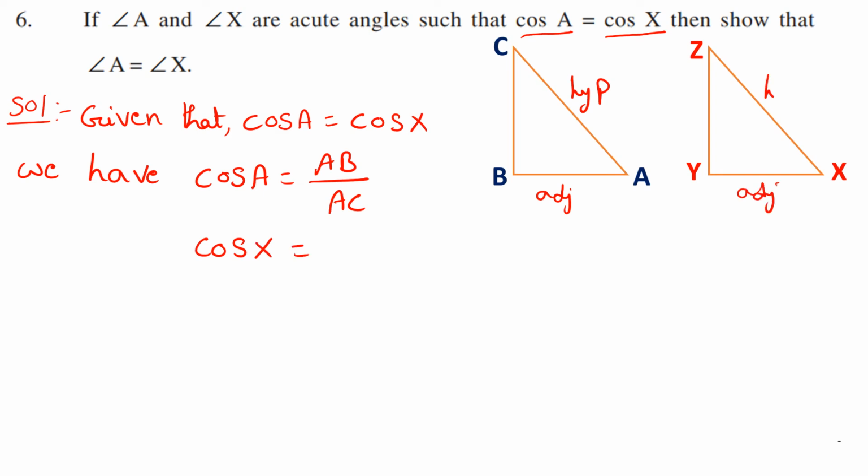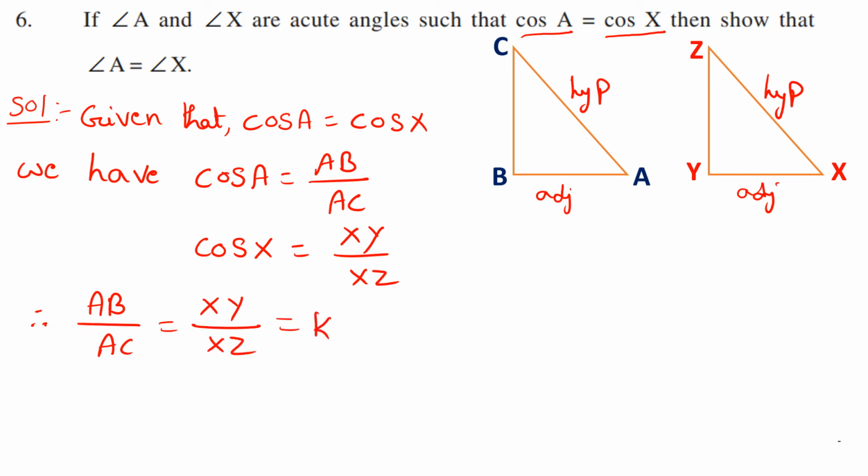Therefore, since cos A equals cos X, these ratios are also equal. So AB by AC equals XY by XZ equals a constant, k.